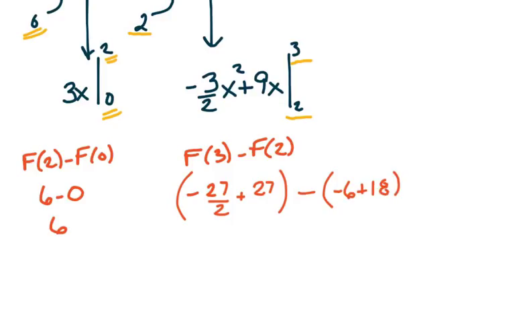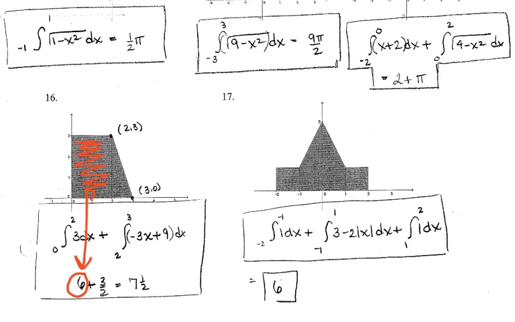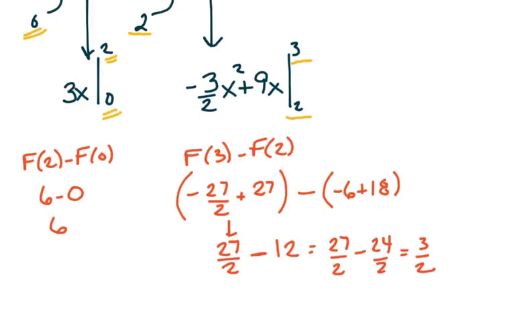Negative 27 halves plus 27 is 27 halves, minus negative 6 plus 18, which is 12. With common denominators, that's 27 halves minus 24 halves, which is 3 halves. Let's go back to our picture. Oh, look, 3 halves. So the answer would be 6 plus 3 halves, which is 15 halves.